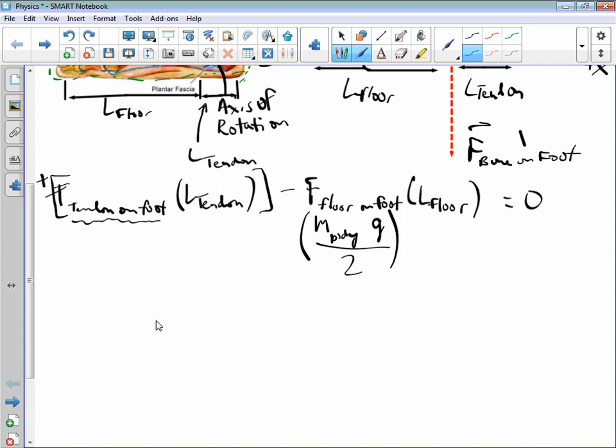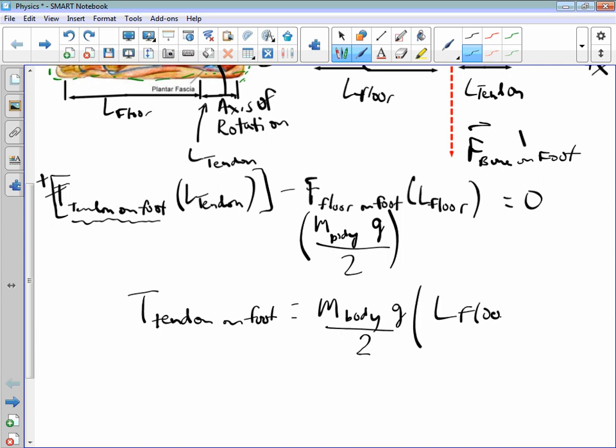So without going through all the steps, the tension of the tendon on the foot is equal to the mass of the body times g over 2, times the length of the floor, over the length of the tendon.